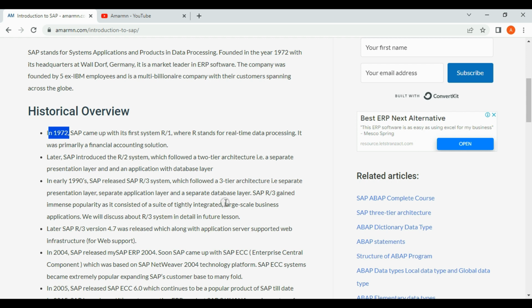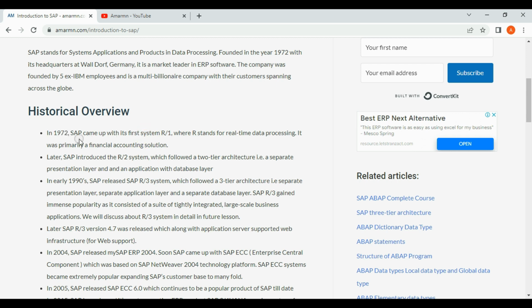Then, if we talk about other organizations like Google, a popular product of Google is Google Drive or the Google search engine. Similarly, SAP is also a software company and it produces ERP software. So, what were the popular products of SAP? We will try to understand in this video.